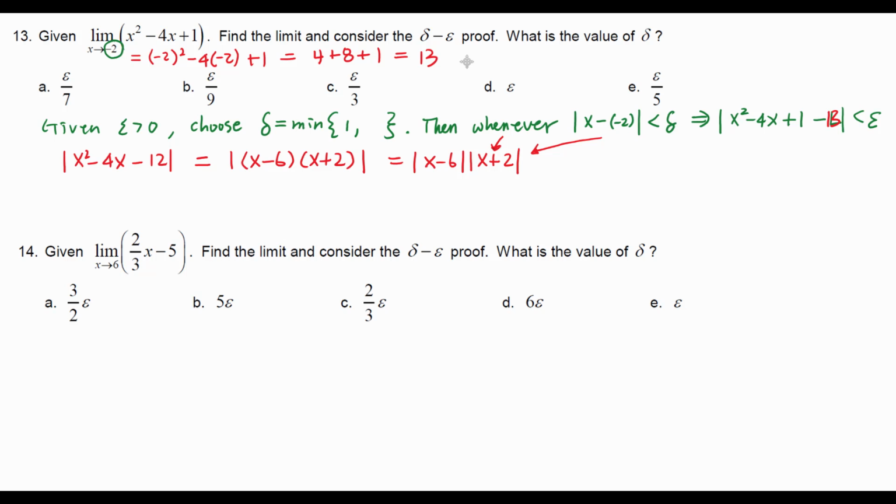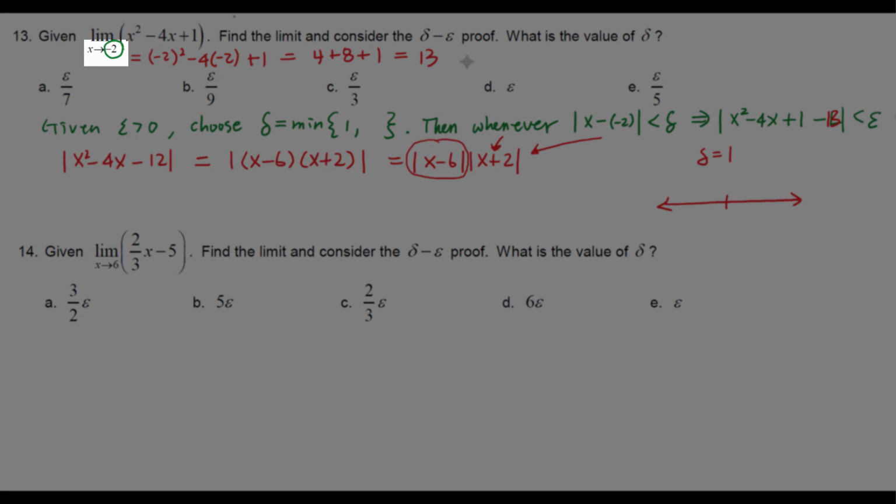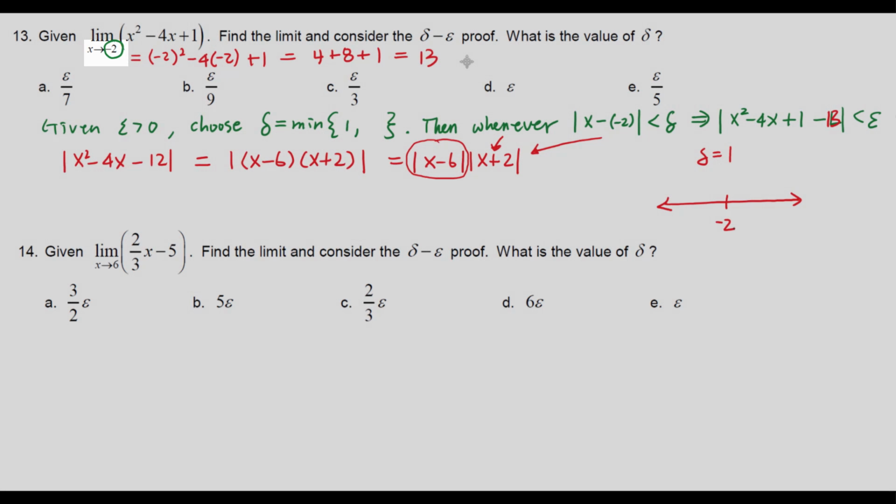So this part is less than delta, and we need to find a number appropriate to replace this absolute value. And that's why we're letting delta be equal to 1. And if delta is 1, then as x approaches negative 2, the delta neighborhood could be as small as negative 3, and as large as 1 unit right of negative 2, which is negative 1.